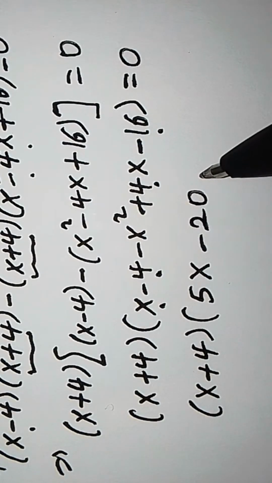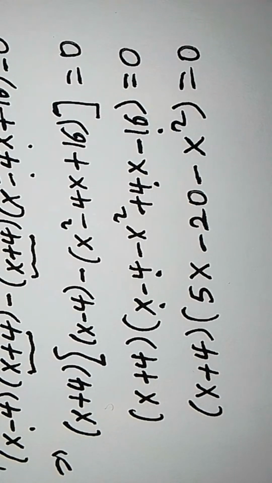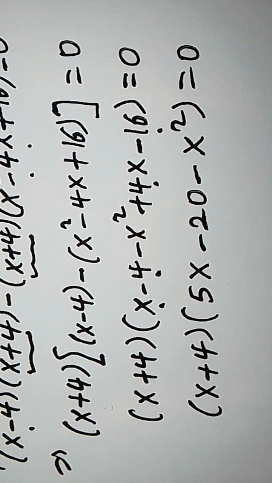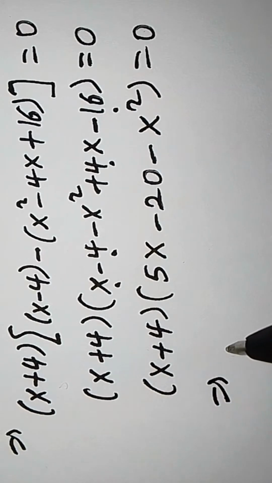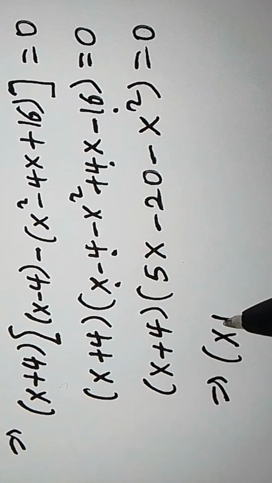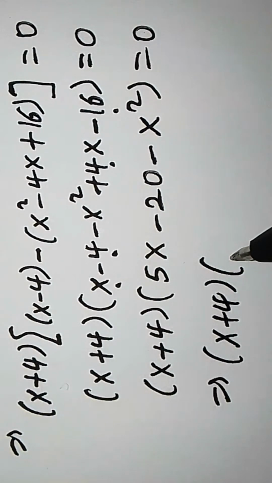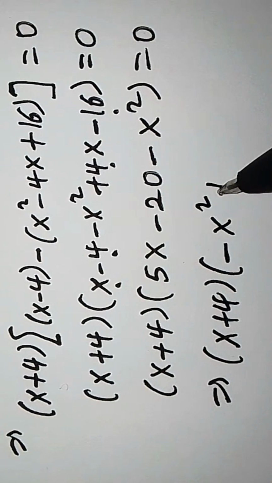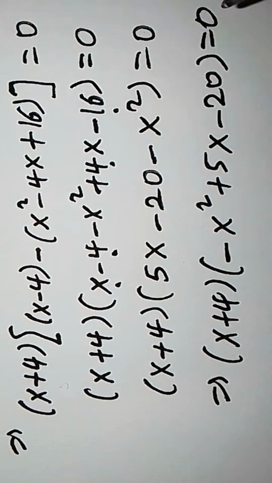We are left with minus x squared equal to 0. Let's proceed further. This means that x plus 4 times, we can rewrite this equation as minus x squared plus 5x minus 20 equal to 0.